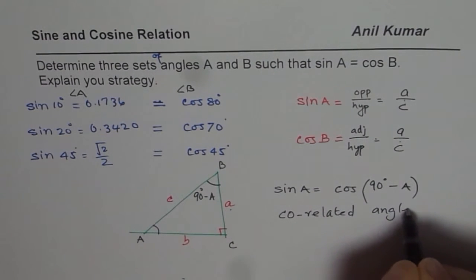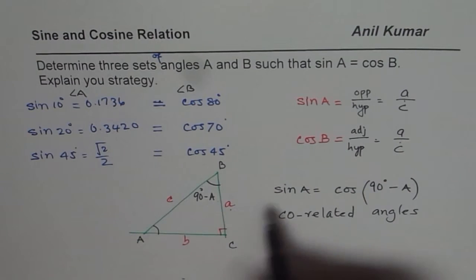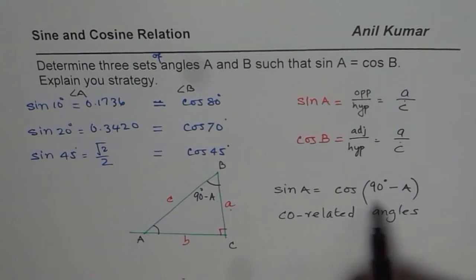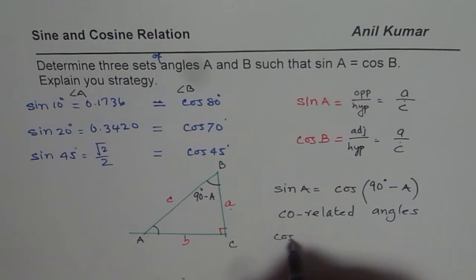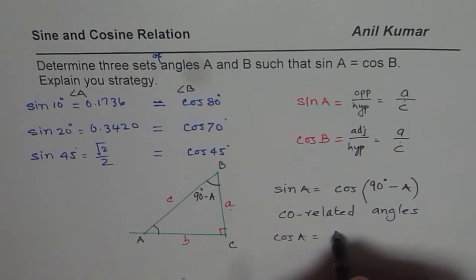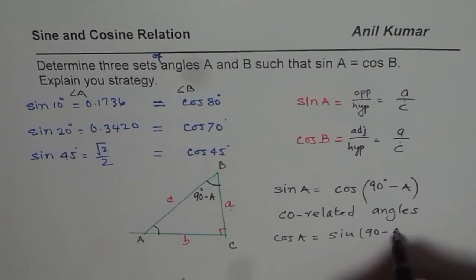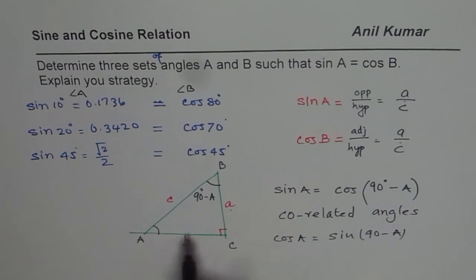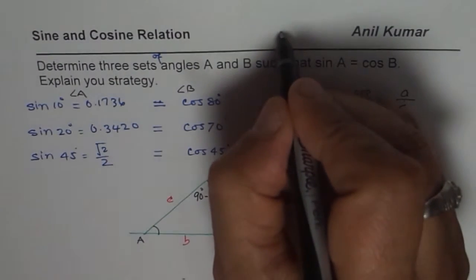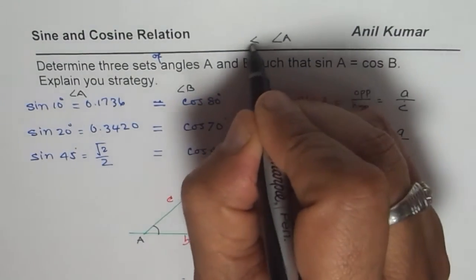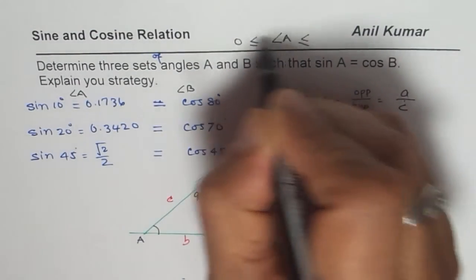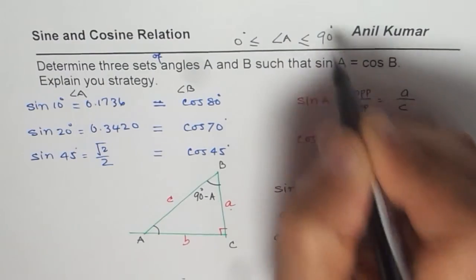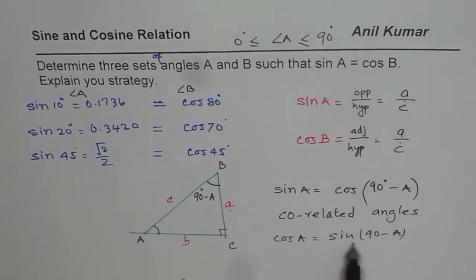In a right triangle, the other two angles form this kind of combination, correct? You could also say cos of A is equal to sine of 90 minus A. We are at present talking about angles within 90 degrees: angle A is greater than or equal to 0 and less than or equal to 90 degrees.